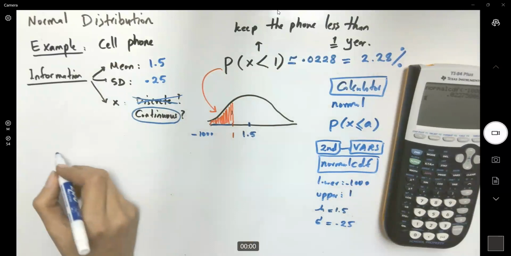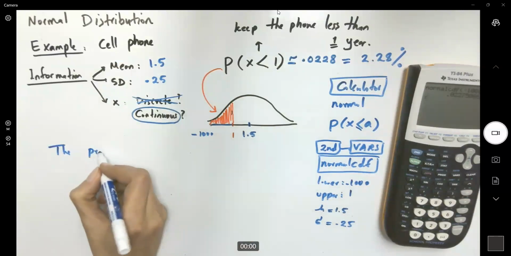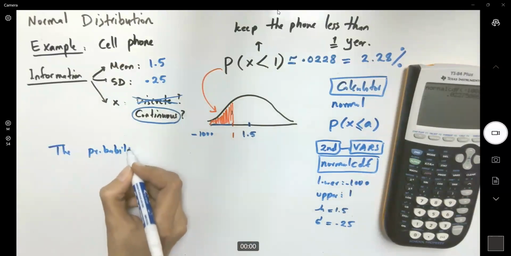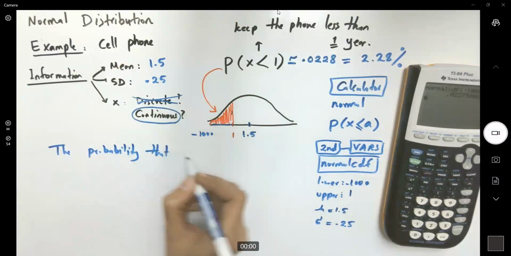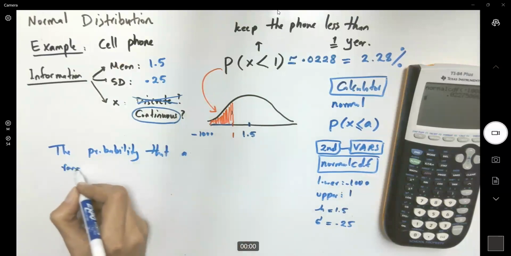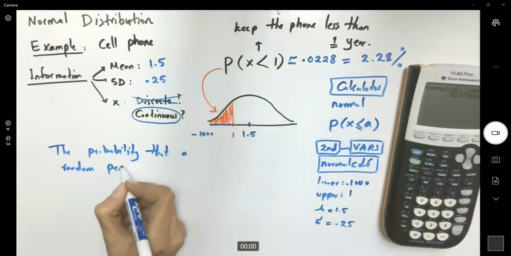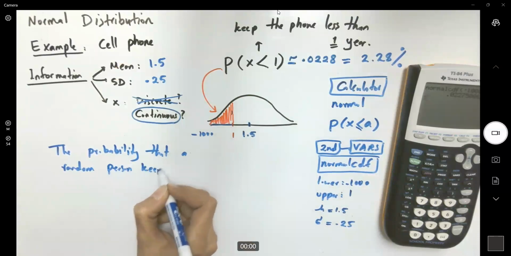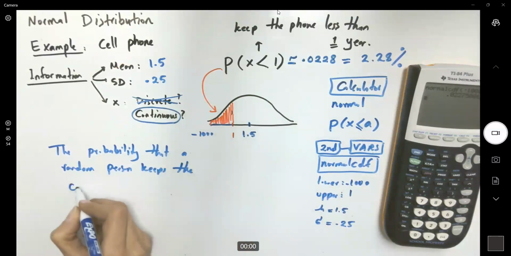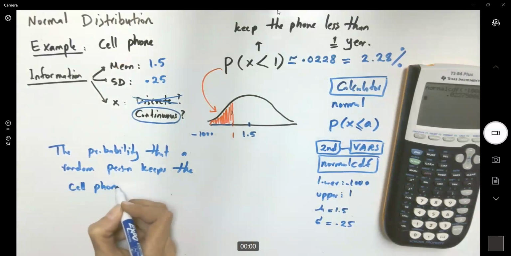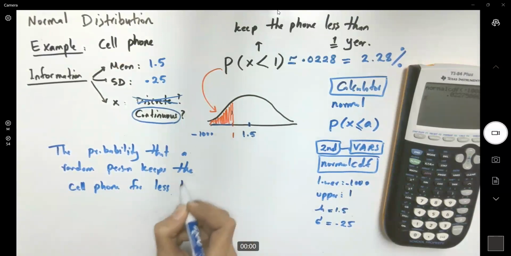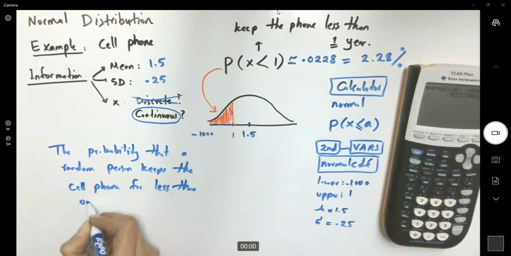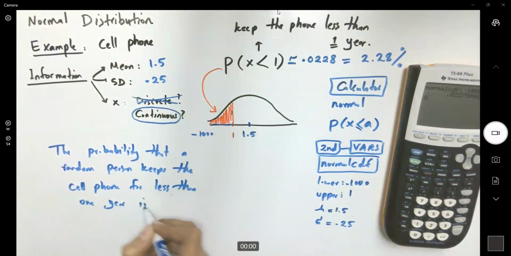The probability that a random person keeps the phone for less than 1 year is small. It is 2.28%.